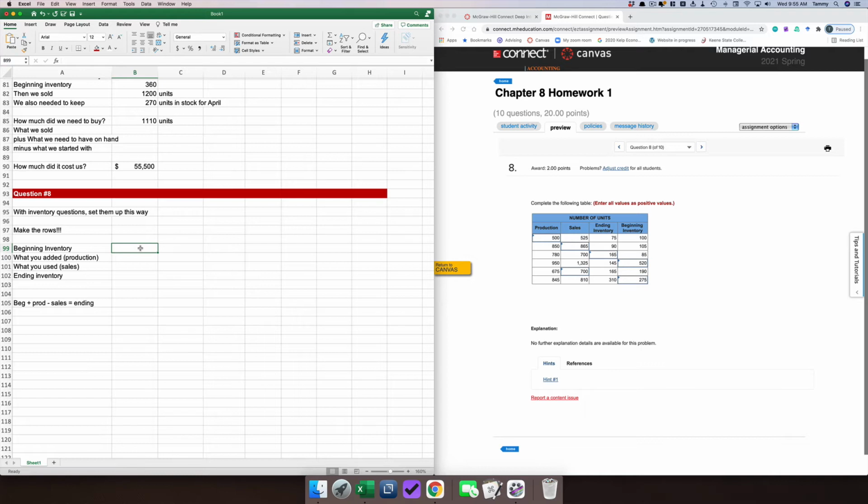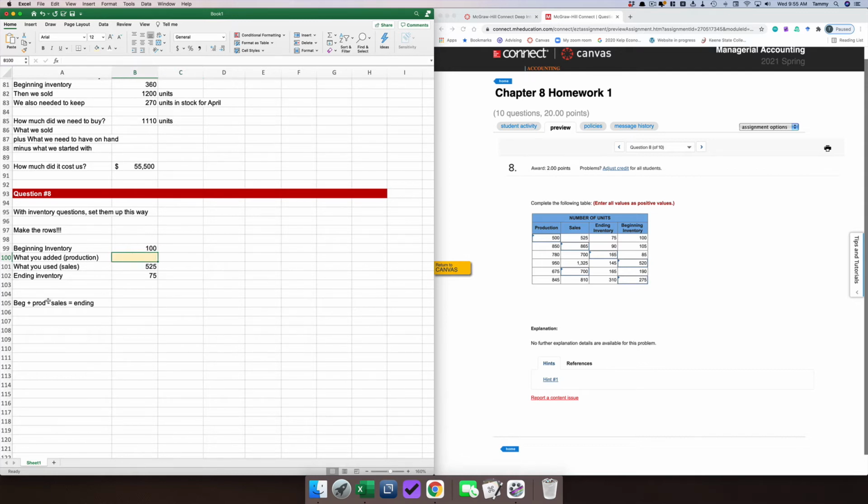So we have beginning inventory of 100 for my top line, ending inventory of 75, sales of 525, and we need to solve for the production.